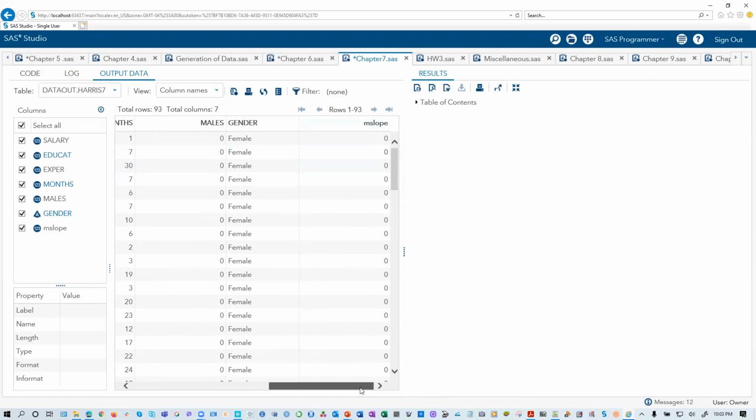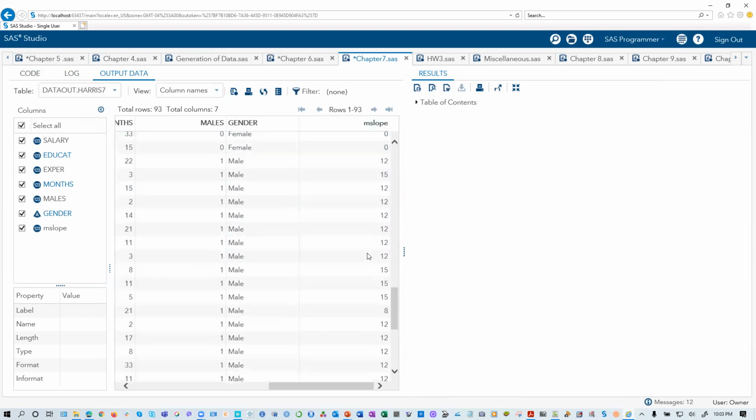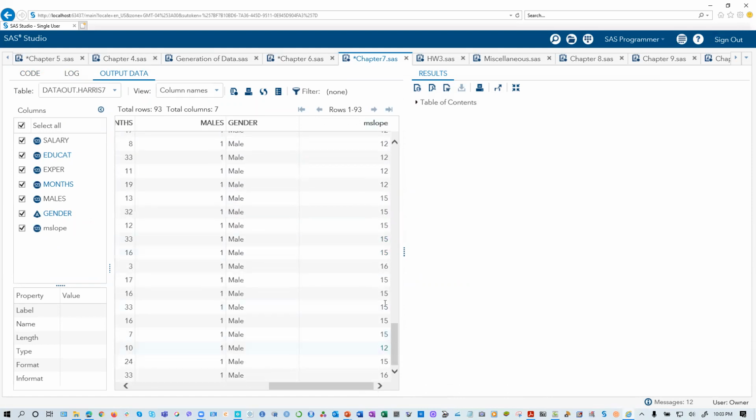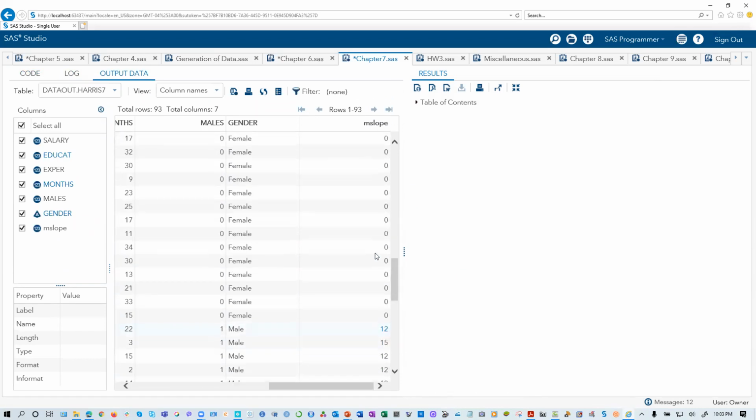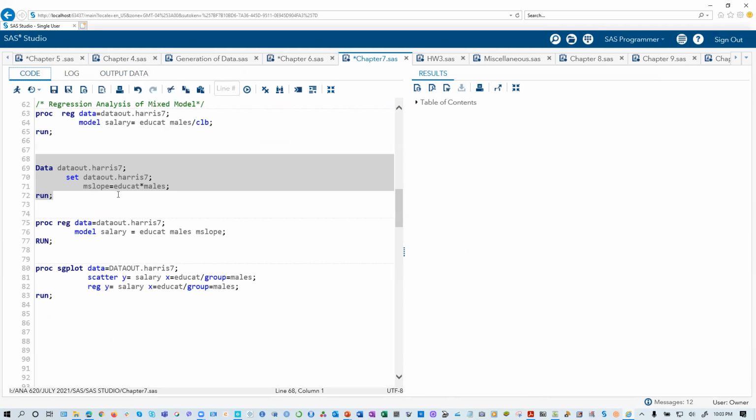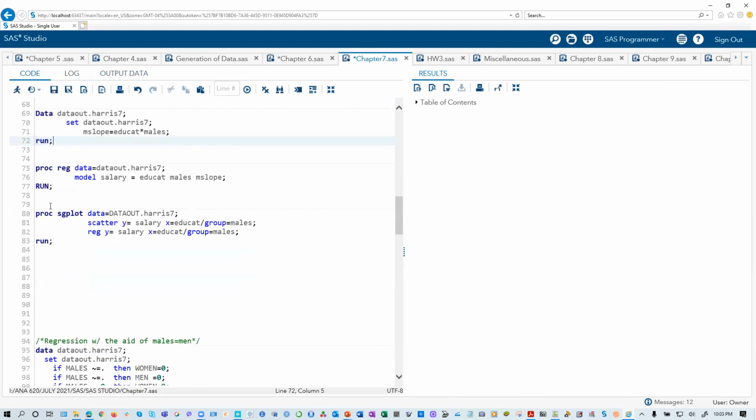MS load, 0, 0, 0, 15. It depends on what you have for the males. If it is female, you know for sure you have 0, and for males you have 1. The 1 should be multiplied by the education level. So that's the interaction term. Now the interaction term has been thrown over here.